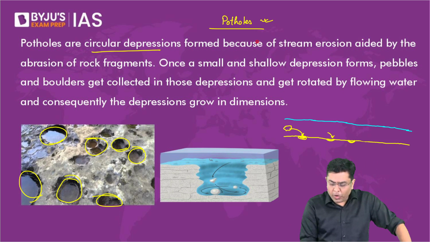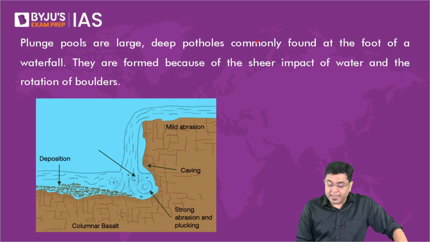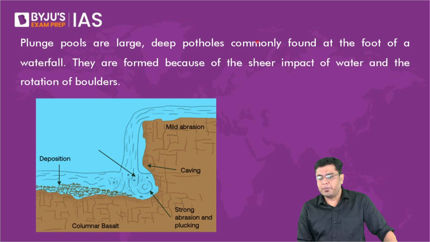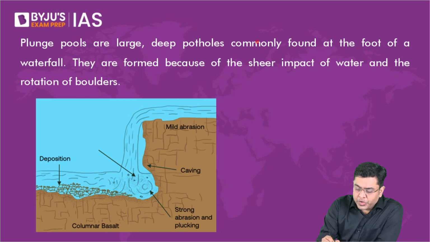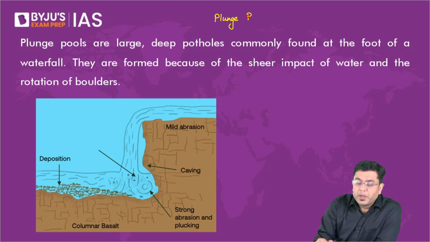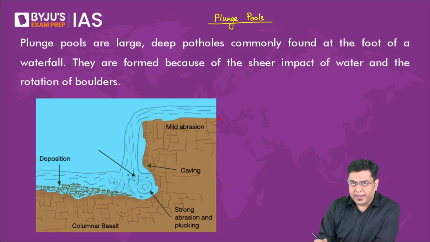Now, we also have what is referred to as plunge pools, again created in the youthful stage of the river movement itself. So when we talk about plunge pools, why are they created? Where are they created?